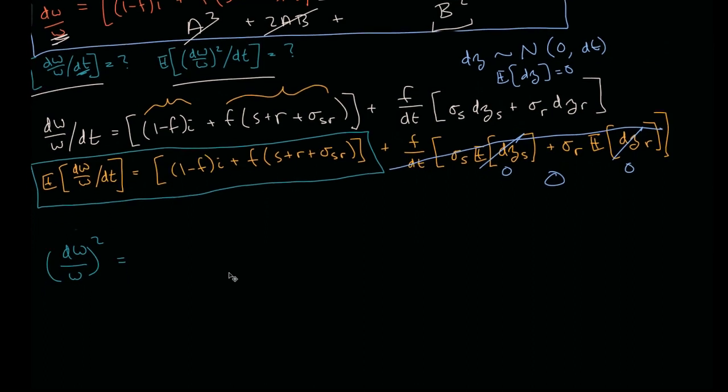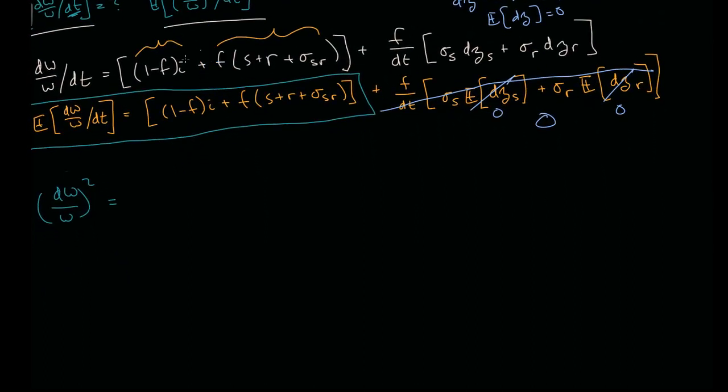Moving back down, our B term was f times sigma s dzs plus sigma r dzr, and we're going to square this whole thing. That will be equal to f squared times sigma s squared dt. This is a variance.